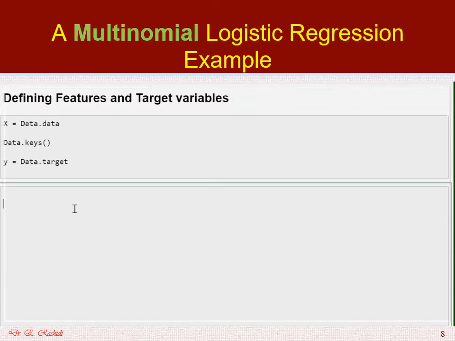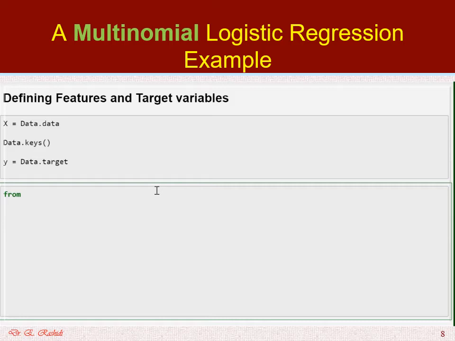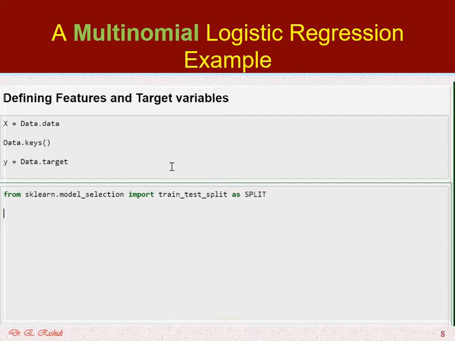let's actually continue with our model. So we need to first split our data into training and test data sets. So let's first import the split function. And then we're going to split our data into training and test.